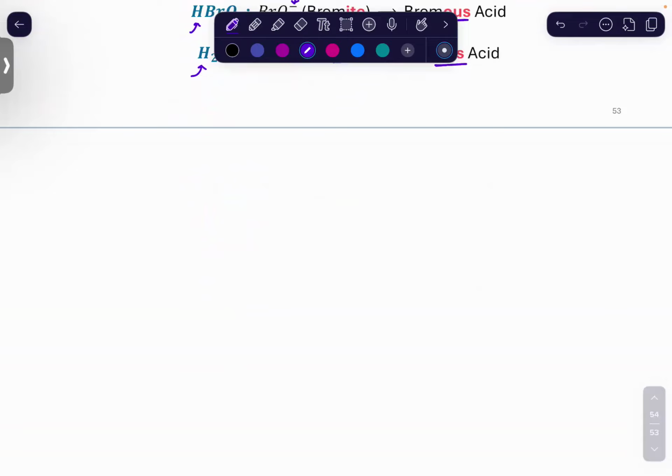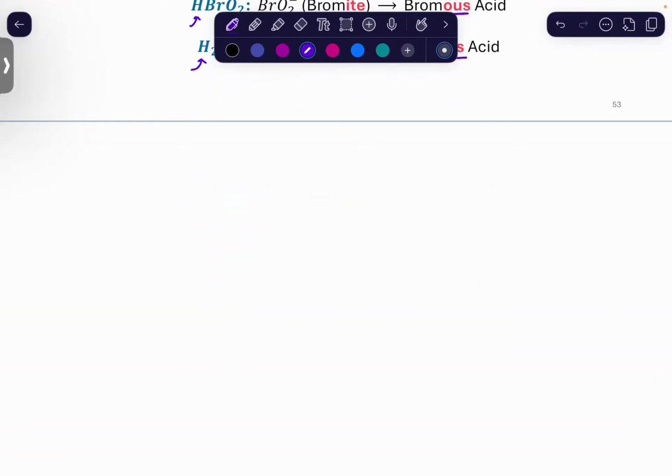Just to give you an idea that the whole oxoanion family name comes through to the acid, let's make an acid out of ClO4, and that's a -1. So that's perchlorate.